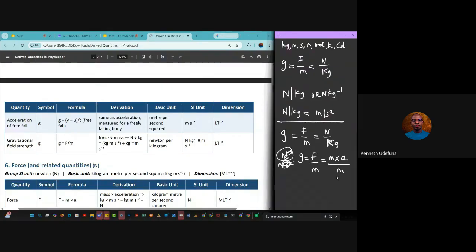Automatically, your G is the same thing as your A. And your A is V over T, which is meter per second squared. That's how it is.